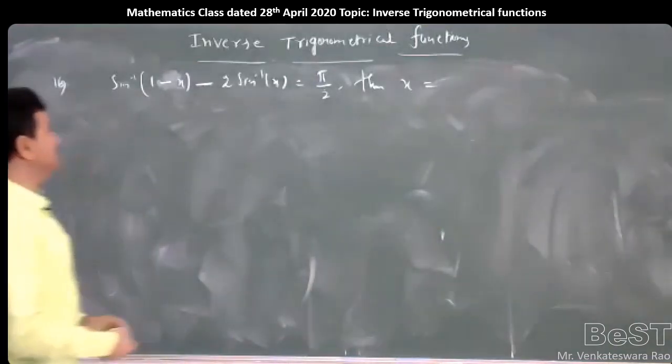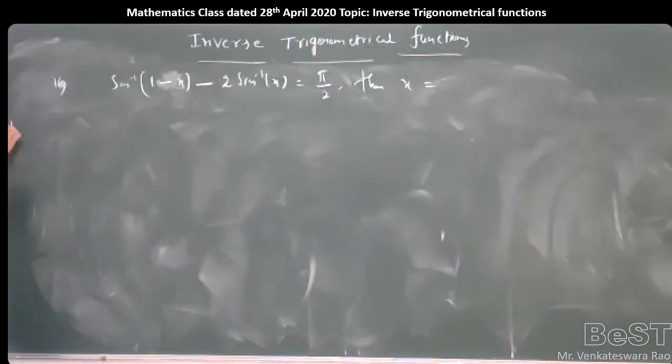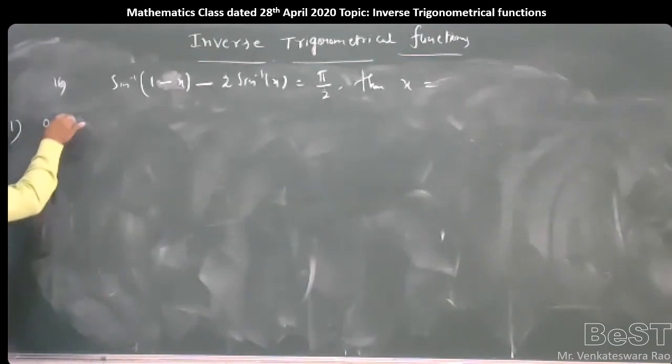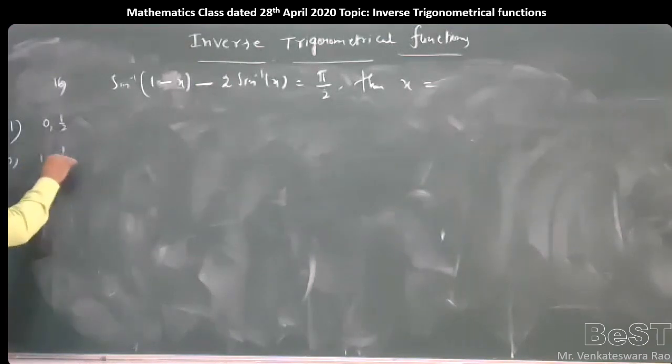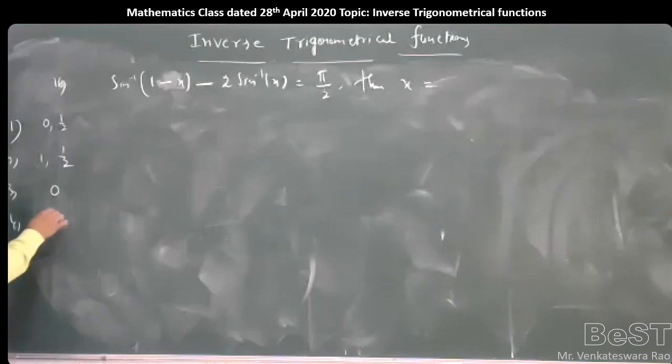Case set problem. Note down the options also. First option 0 comma 1 by 2. Second option 1 comma 1 by 2. C, 0. D, 1 by 2. Right.